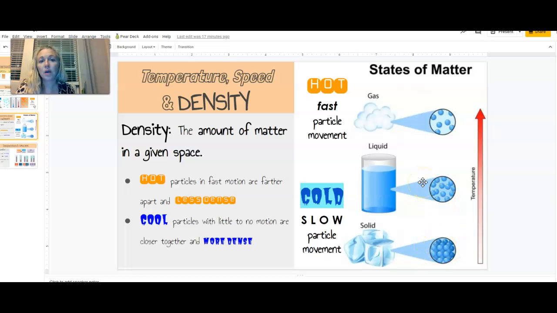So if you have something of the same size and structure that is really hot, and the same particle that is really cold, then the cold one is going to be more dense and sink as opposed to float with that particular substance. Okay, so up here is our hotter molecule configuration. Down here is our cooler.